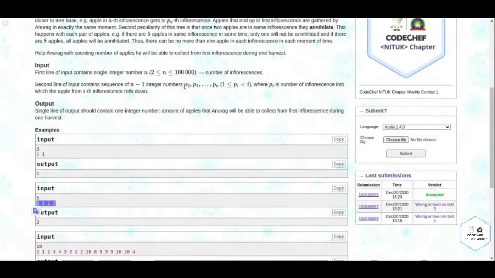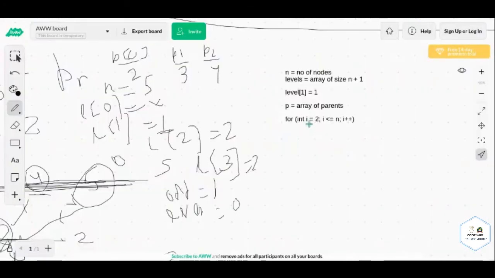Right. Here what does this p2 means? Parent of node 4. Right. So what will be parent here? So parent will be p of i minus 2. Right. That is parent of node 2 will be situated at p0.